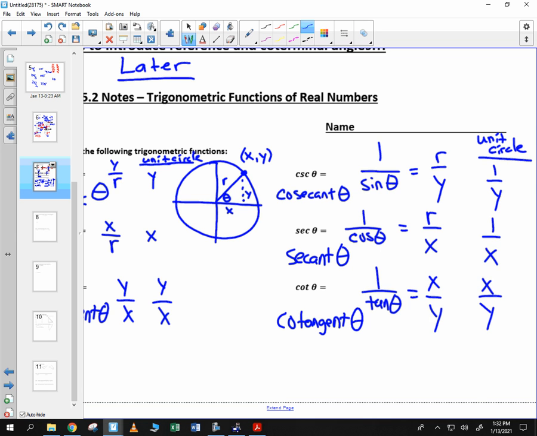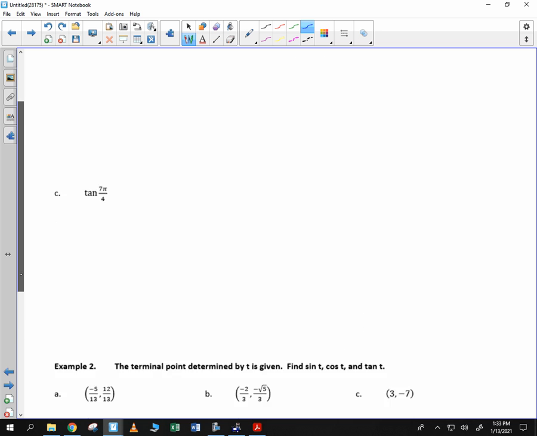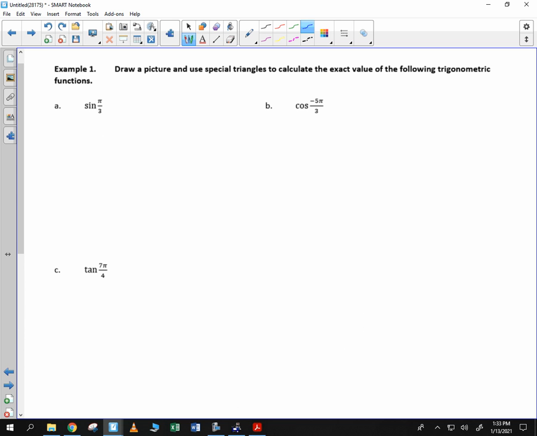So let's look at what we are determining right now. It says draw a picture and use special triangles to calculate the exact value of the following trigonometric functions. So in this situation, it's asking us to determine the sine of pi over 3. Well, first of all, what I do is I draw a picture and I determine pi over 3. Pi over 3 is 60 degrees, so I have a 60-degree angle.